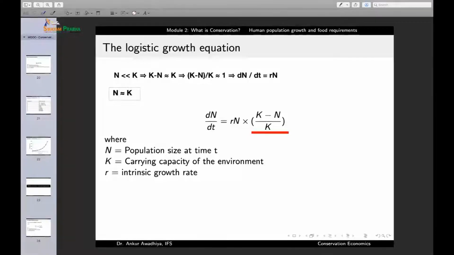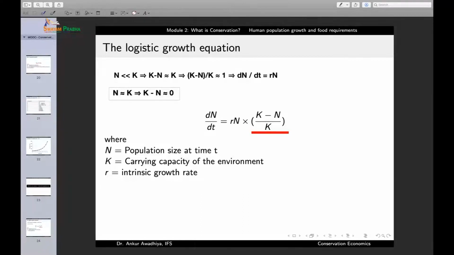So in this case, when n is approximately equal to k, we have a situation that k minus n is approximately equal to 0, because k and n are very close together.